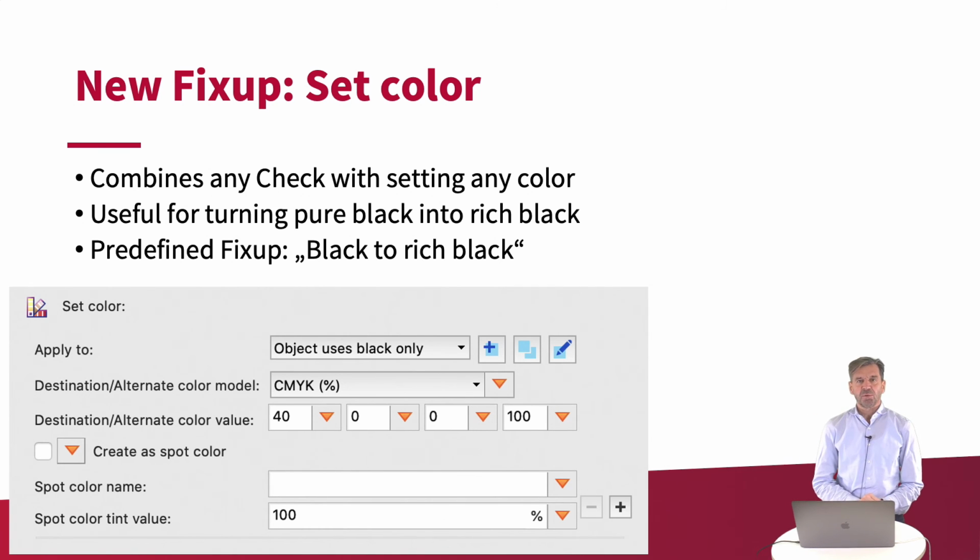And for this purpose, and this is a frequent requirement as I've heard from large format. So in large format, most of the time black is not printed as pure black, but it's always or most of the time combined with additional color from other colorants. Therefore, there is a predefined fixup in order to do so, which has the name black to rich black. And that's it.